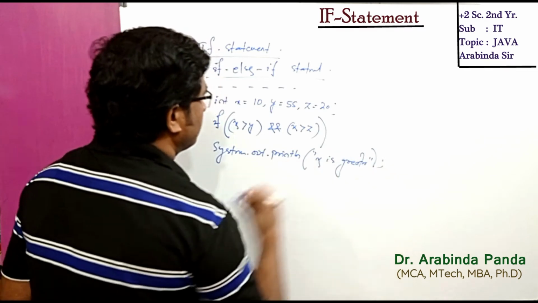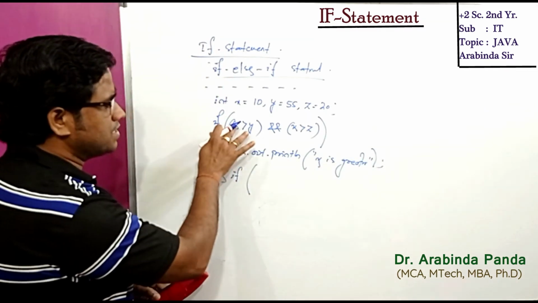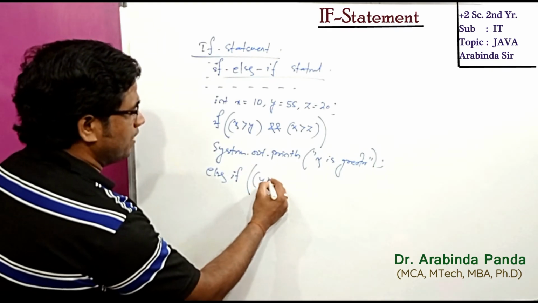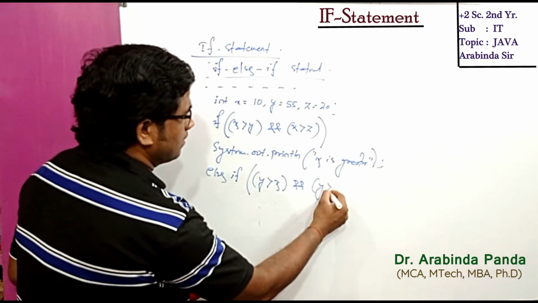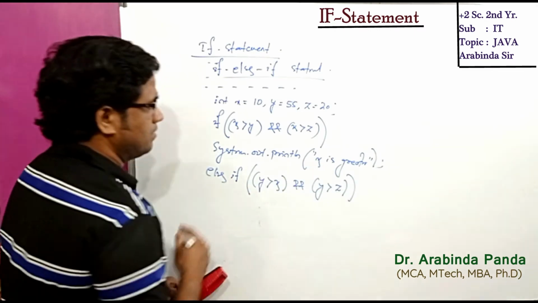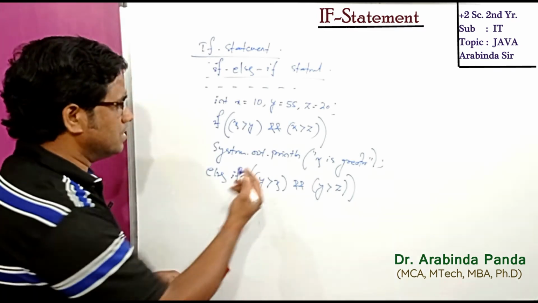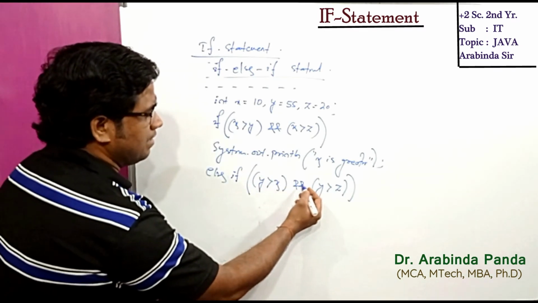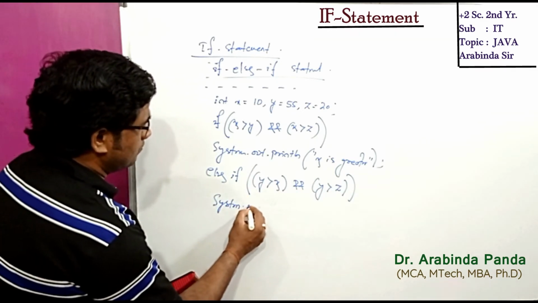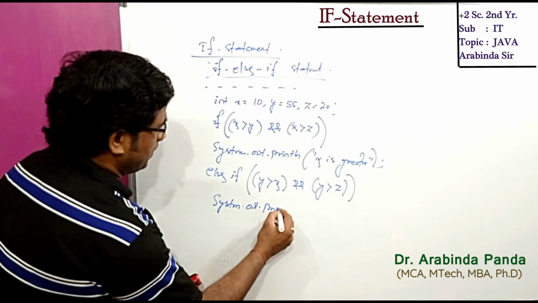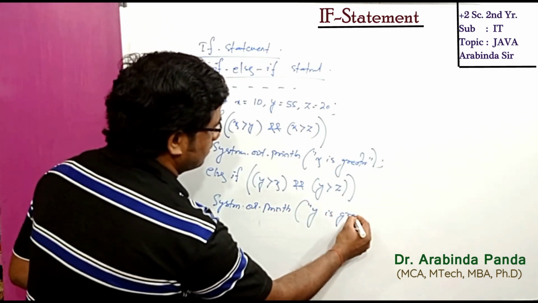Okay. Else if, now in the same style you can write if y greater than x and y greater than z. Okay, this is the trick behind finding the greatest among three numbers. So y greater than x and y greater than z, then System.out.println y is greater.